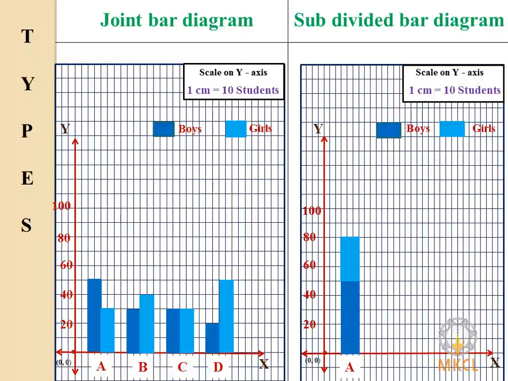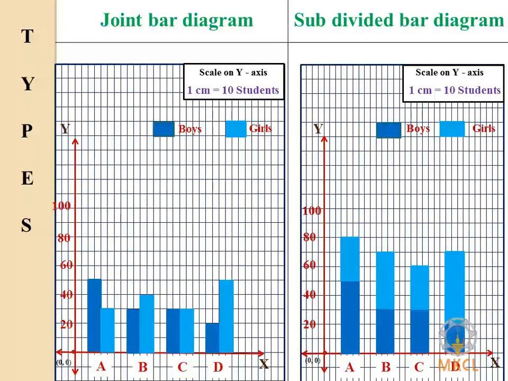Similarly, we have division B, division C and division D. So the subdivided bar diagram is shown. So you have understood the difference of presentation between the two types of bar diagrams.